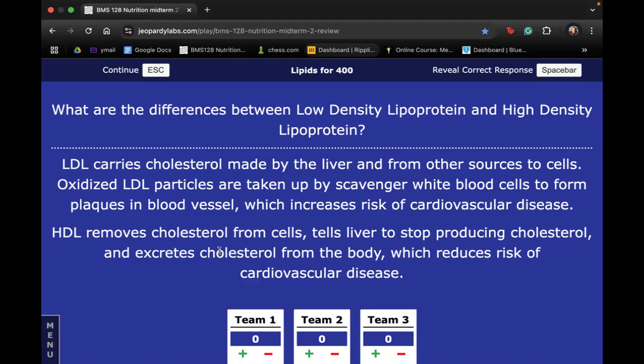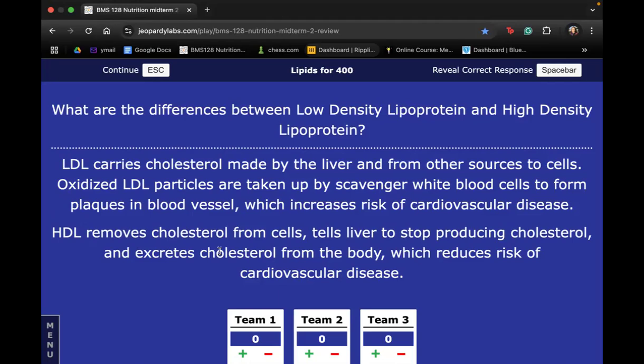Oxidized LDL particles are taken up by scavenger white blood cells to form plaques in blood vessels, which increases the risk of cardiovascular disease. On the other hand, high-density lipoproteins remove cholesterol from cells, tell the liver to stop producing cholesterol, and excrete cholesterol from the body, which reduces risk of cardiovascular disease.